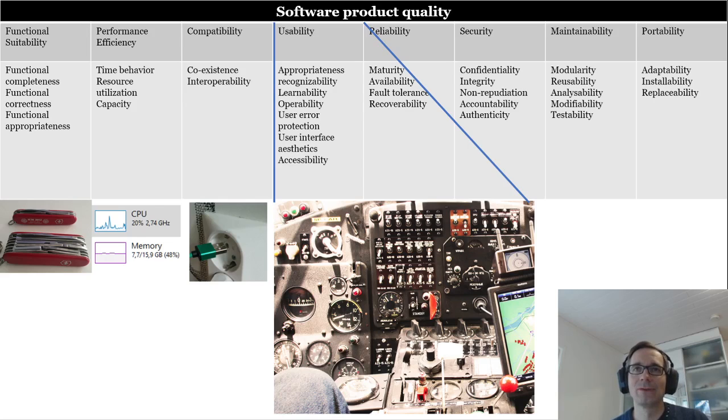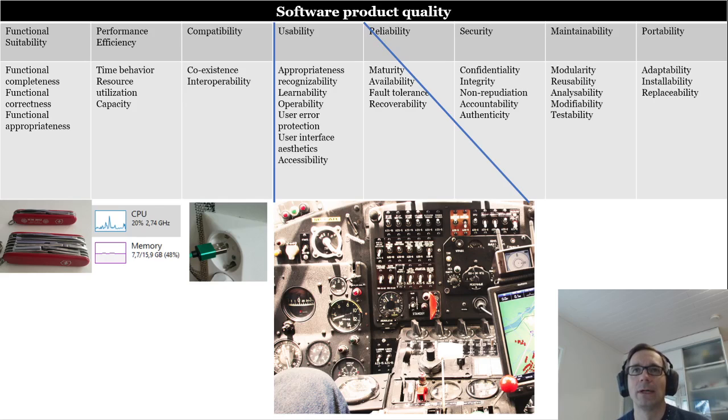For example, on the screen we see a cockpit of an old airplane. And if you are an expert aviator, or what are those things called that fly the planes, then this might be quite usable to operate.